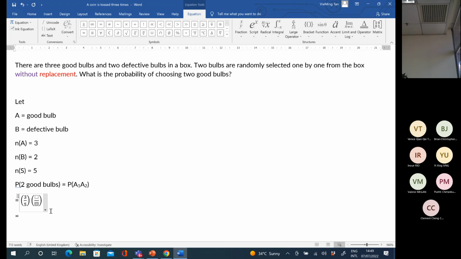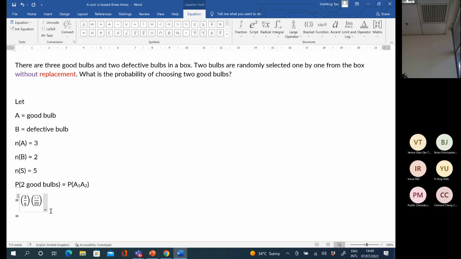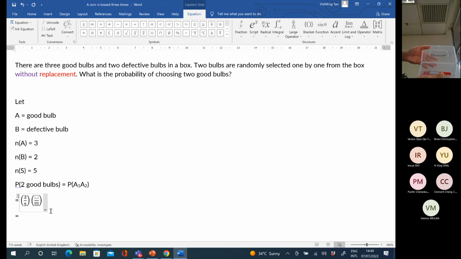So this question is like this. Let's say now we have five bugs. The red one represents not good, defective. The blue one means good. 5 bugs.